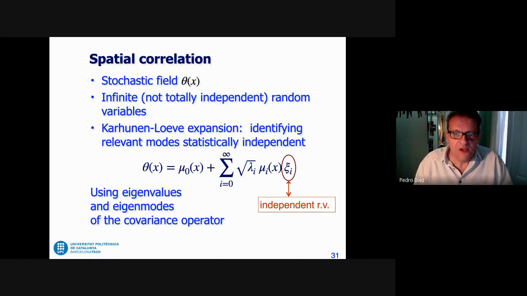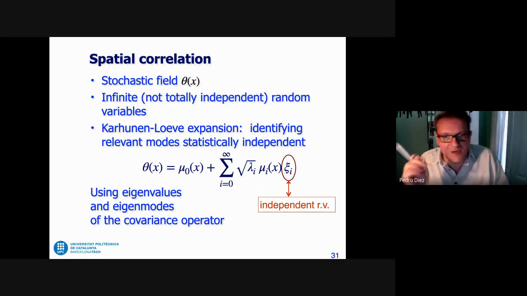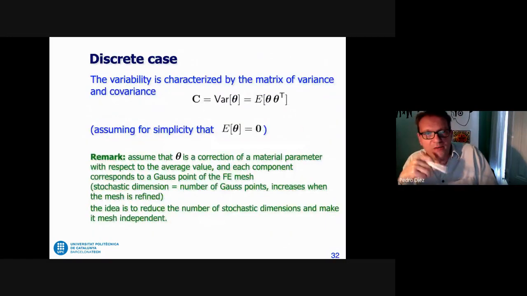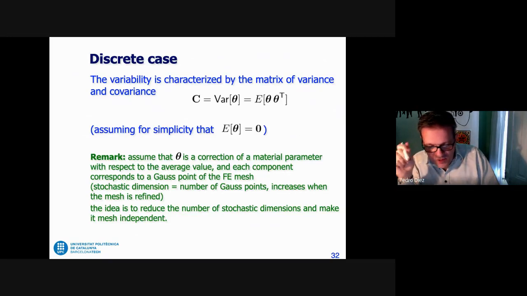Typically, this is much easier to understand, in my opinion, when you look into a discrete case. As we said before, it's not u of x, it's not theta of x, it's a vector of values of theta, which corresponds to different points in the domain, but a finite number of them. And then you have a variance-covariance matrix.